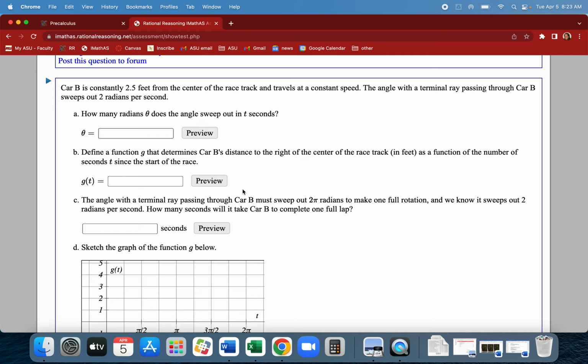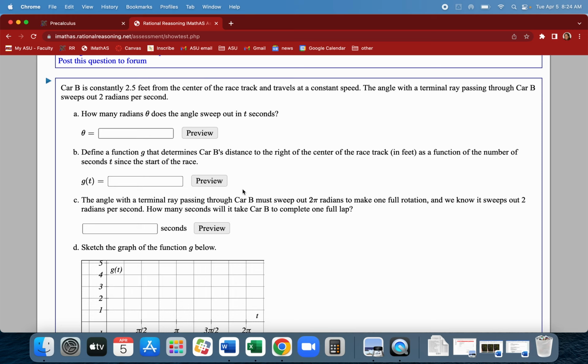So this angular speed is 2 radians per second. All right, so what we really want for A then, how many radians do we sweep out after t seconds?